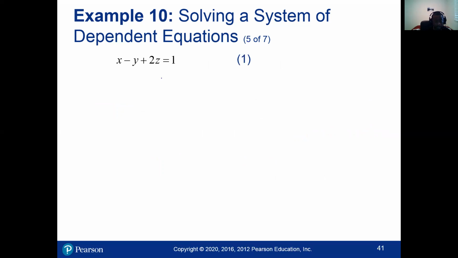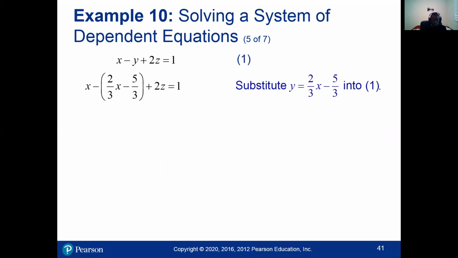So this is equation 1. And then what is y? As we found there, it is 2 over 3 x minus 5 over 3. So the equation becomes x minus the y, which is that expression, plus 2z equal to 1. Okay, so we can remove the parentheses. We have x minus 2 over 3 x plus 5 over 3 plus 2z equal to 1.